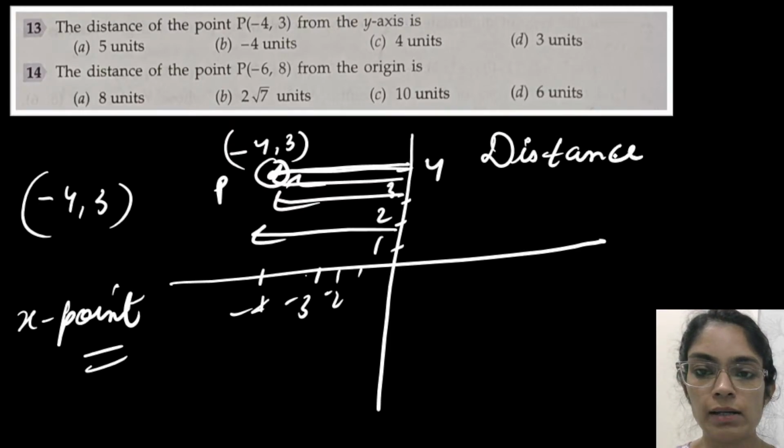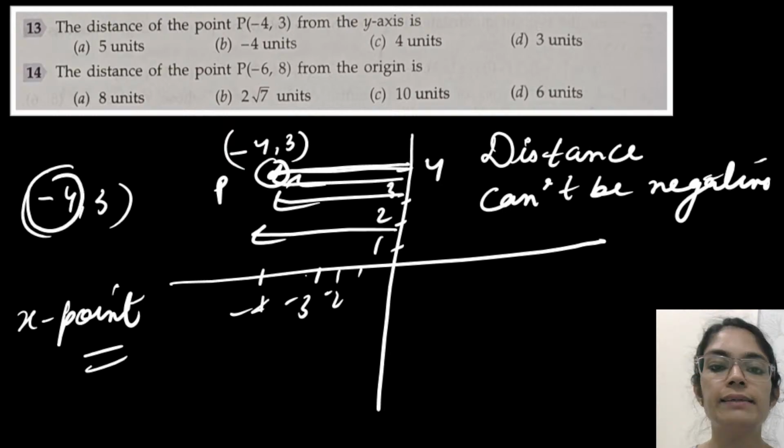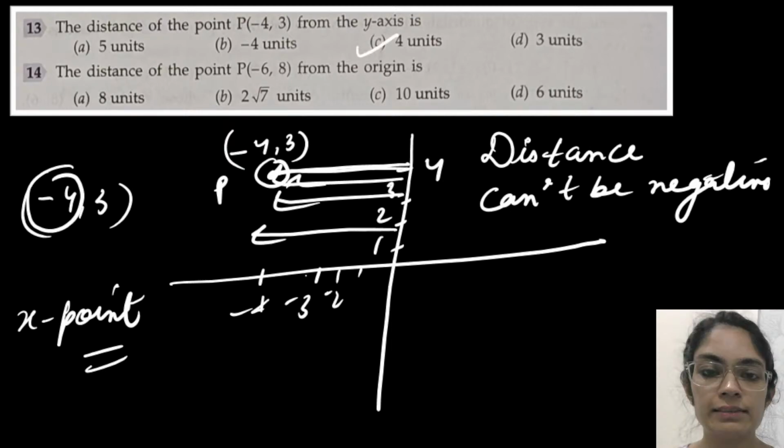I have earlier also told you distance cannot be negative. So which should be the answer? Minus 4, it's not possible, although x is minus 4. You just have to consider the number without its sign. So option C is correct. The 13th is option C, not B.